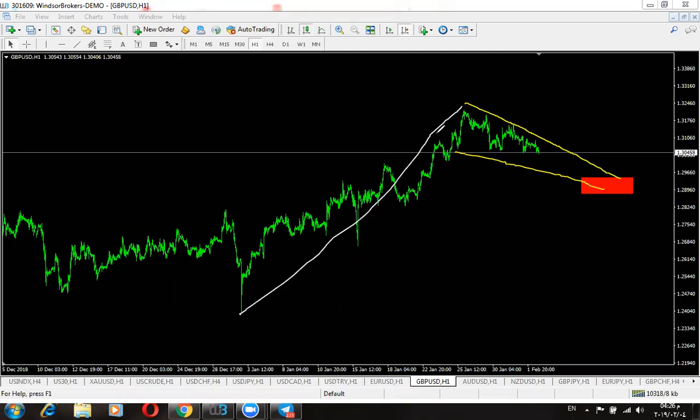This is A, so we are correcting to the downside. After we finish this corrective, the price is going to take off to the upside again. So be very careful once you take a sell position to the downside, and try to use Fibonacci ratio to enter and exit your trades.